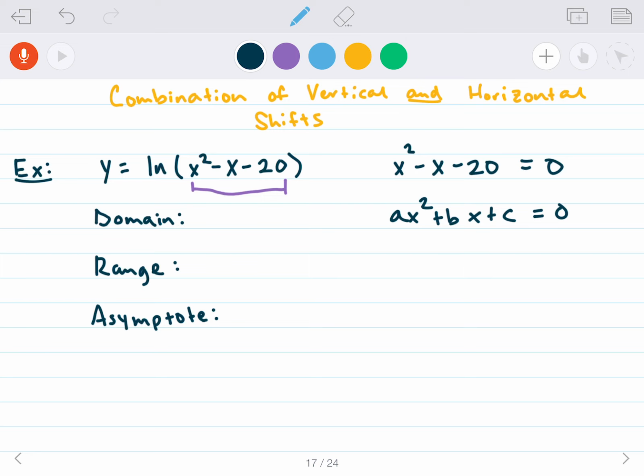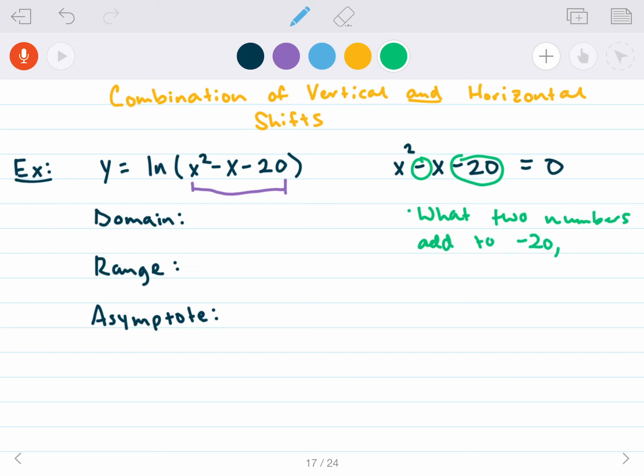But this looks like a good quadratic to factor. It has 3 terms. I'm looking at c, in this case, which is negative 20. And I'm saying what 2 numbers multiply to negative 20 yet add to negative 1, right? That's how we factor things. So let me write this down. What 2 numbers multiply to negative 20 yet add to negative 1?